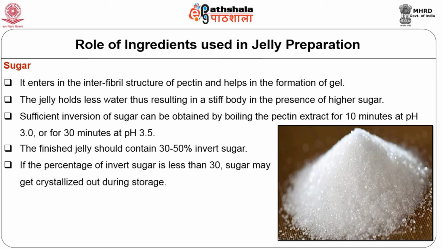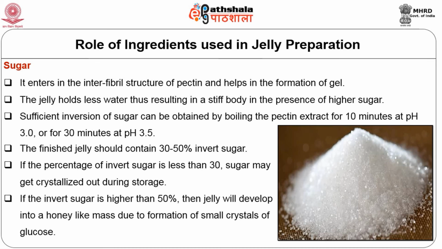If the percentage of invert sugar is less than 30, sugar may get crystallized during storage. If the invert sugar is higher than 50%, then the jelly will develop into a honey-like mass due to the formation of small crystals of glucose.